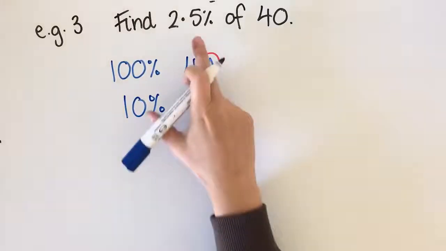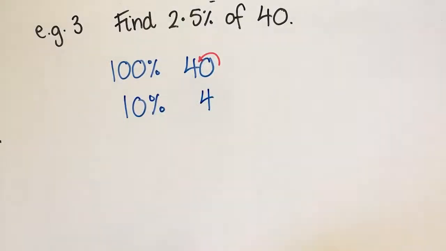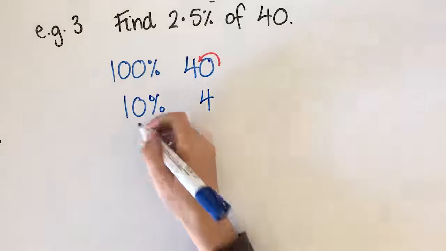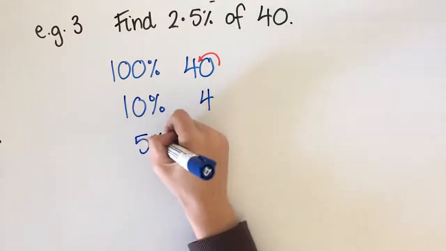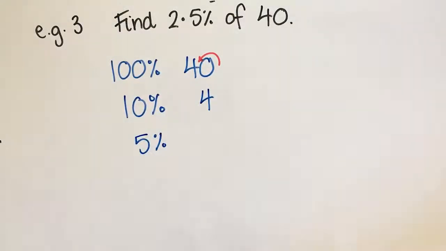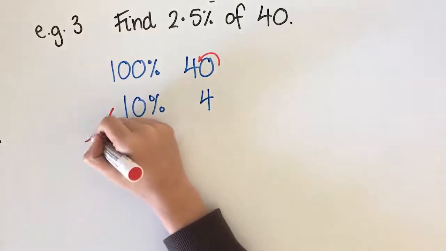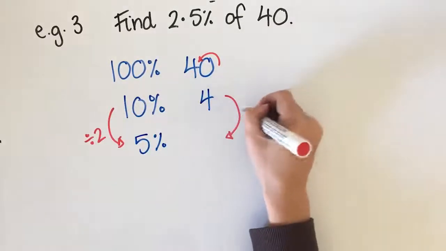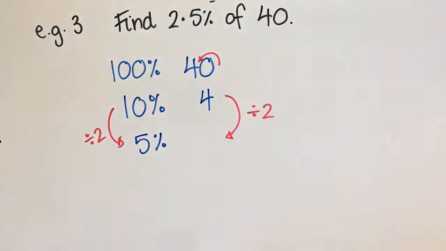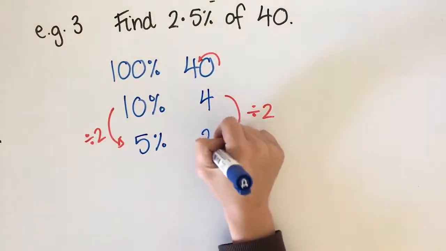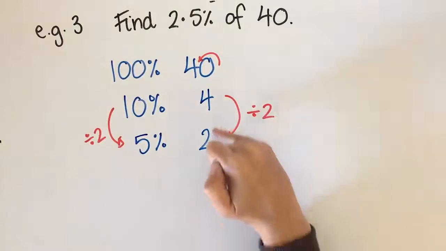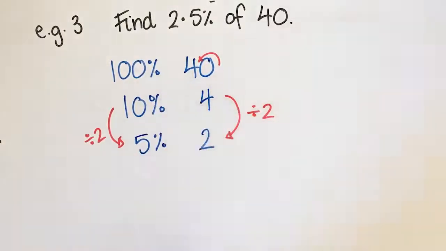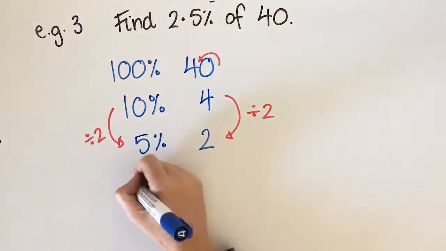I know that 2.5 is a quarter of 10, but instead of jumping straight to that, I'm just going to halve it first. So 5% is half of 10. So I can do half of 4, and that will be 5%. So that would be 2, because 2 is half of 4, 5 is half of 10. Okay, I'm still not at 2.5 yet.